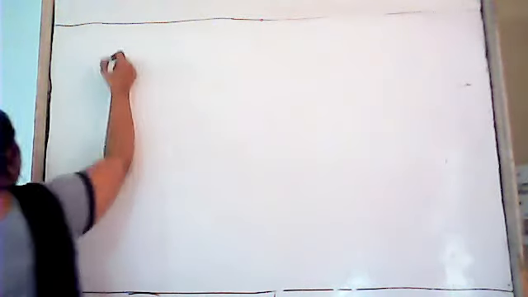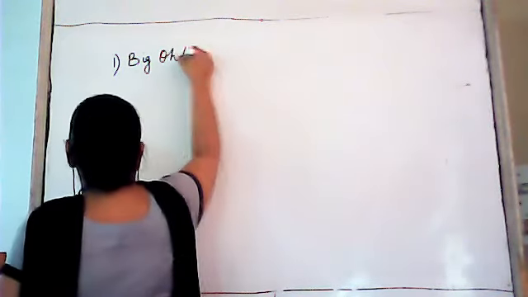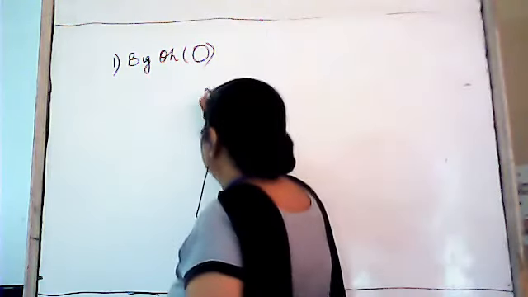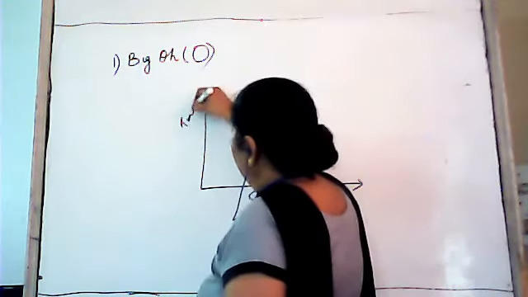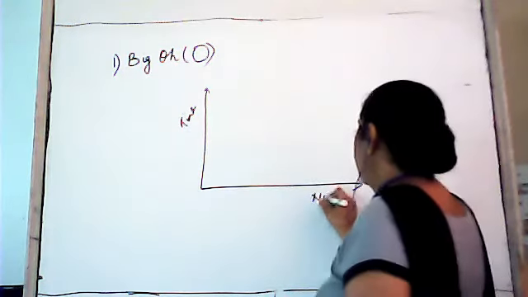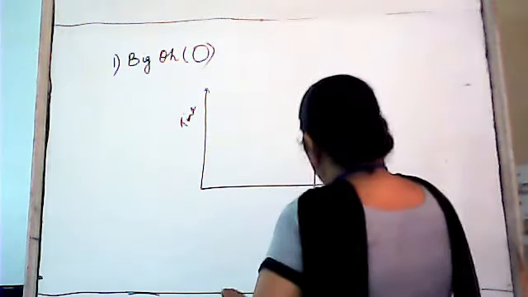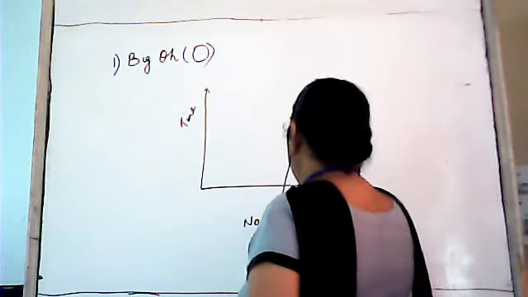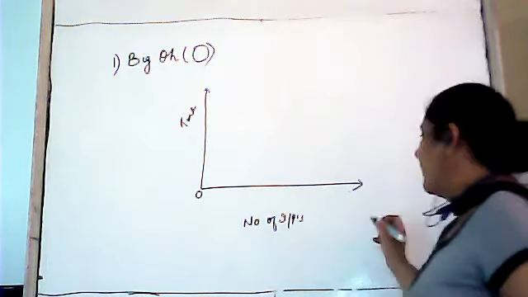So first asymptotic notation is big O, represented by O, big O rather. So here we will take time on one axis and number of inputs on the other for a particular algorithm. The input will start from 0. 0 or more inputs we are giving to an algorithm.